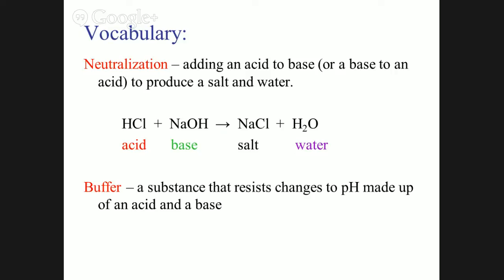Basically, a buffer is a substance that resists changes to pH. It's made up of an acid and a base. Our bodies have buffers in them. Sometimes medicine has a buffer connected to it, so it won't upset our stomachs. But buffers basically are so we can eat things that are slightly acidic or slightly basic, and it gets counteracted so that it doesn't upset our system.